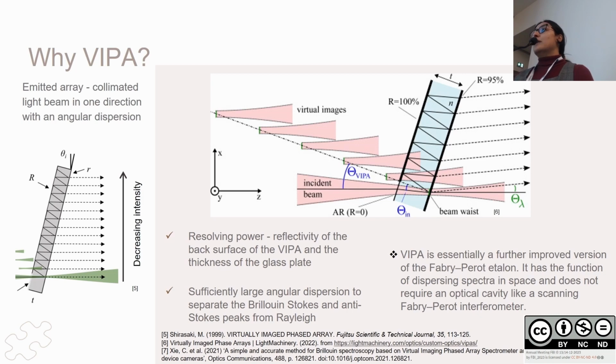So the resolving power is good enough because the reflectivity of the back surface and the front surface has been decided, and we don't have to change the distance between these two glass plates. And you have a sufficiently large angular dispersion so that it separates the Brillouin-Stokes and anti-Stokes from the Rayleigh peak. And as I said, it's an improved version of the Fabry-Perot echelon.